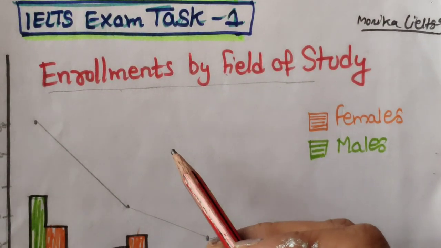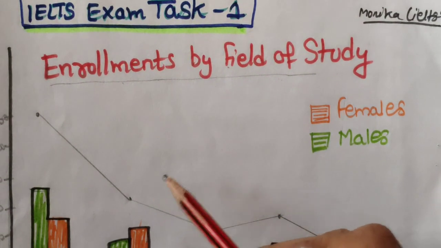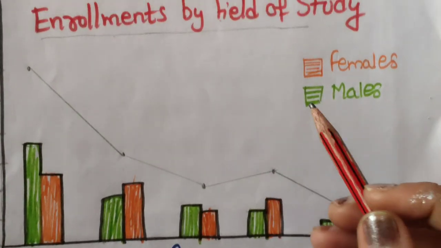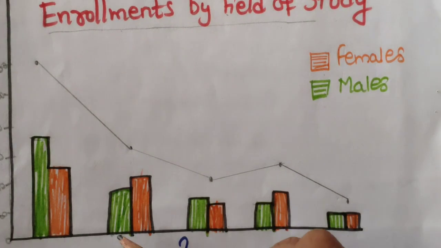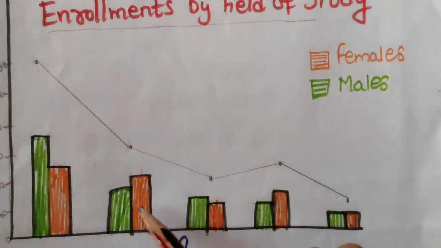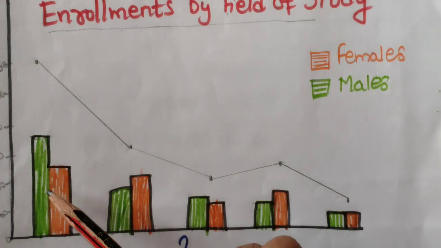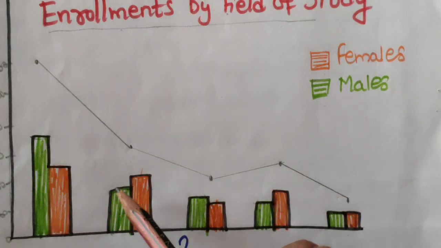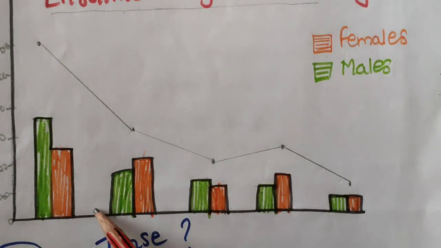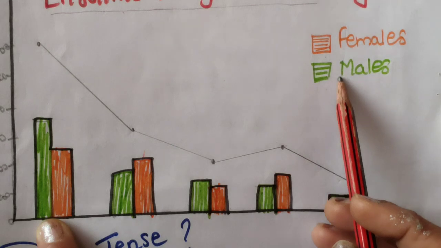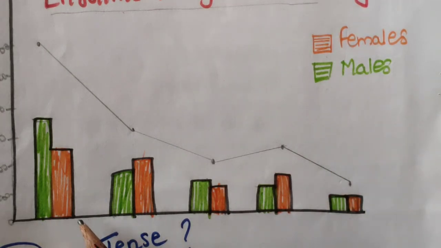So here let's analyze this bar graph first, then we will discuss tenses and all. Okay, so here I can see two categories, females and males. Of course, in your actual exam you will not get this colorful kind of graph, only black and white. They can do one thing, give you a dark color and a light black shade or gray shade. So after looking at this graph, I can see two groups are there, and the subject names were also there.